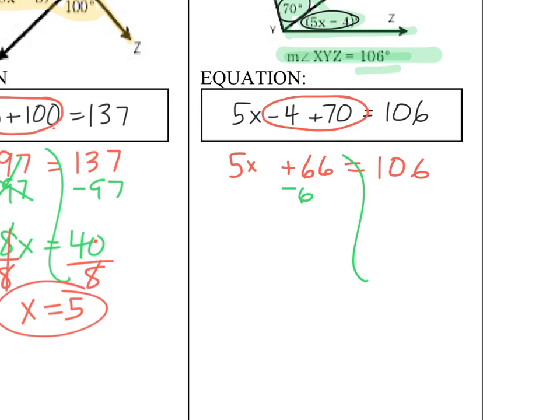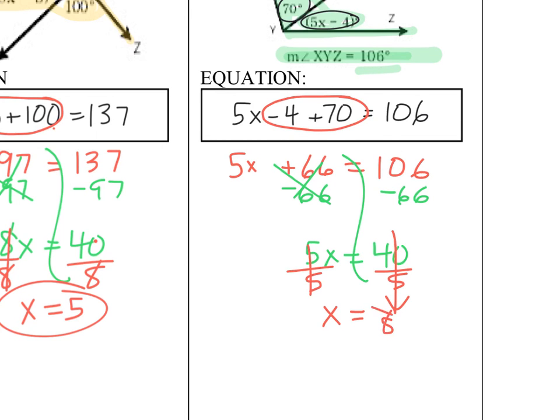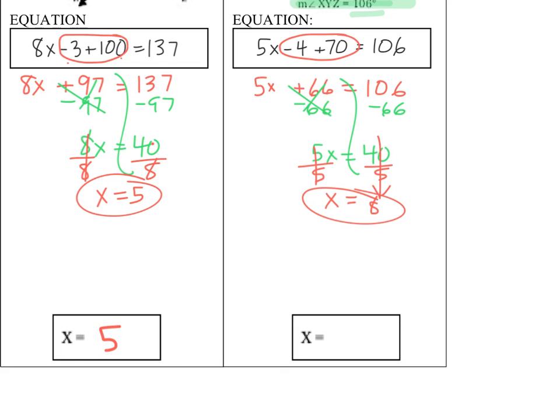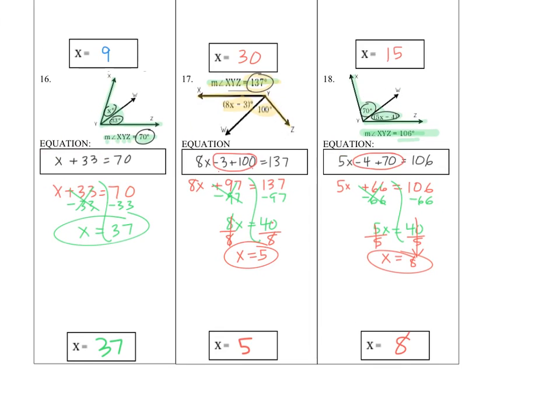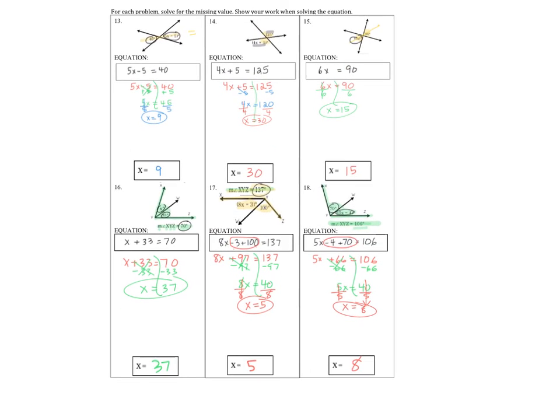And subtract 66 on both sides. 5x equals 106, subtract 66, 40. Divide by 5, 1x equals 40 divided by 5, 8. All right, so that page is done.